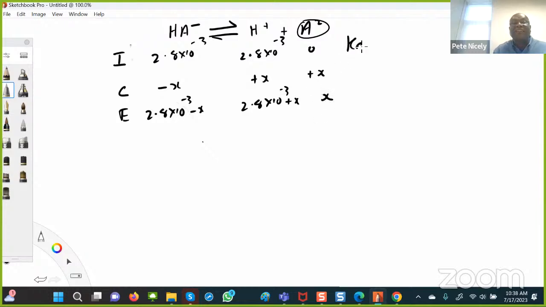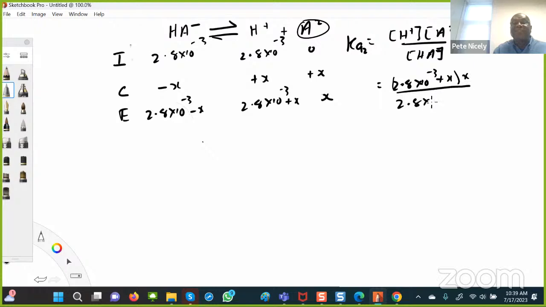So we can write down that Ka2 is equal to the concentration of H plus times the concentration of A2 minus divided by the concentration of HA minus. Putting in the different terms: 2.8 times 10 to the minus 3 plus X, multiplied by X, divided by 2.8 times 10 to the minus 3 minus X. This equals Ka2, which was 1.6 times 10 to the minus 12. So from here, we need to solve for X.